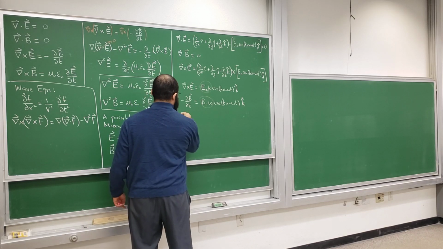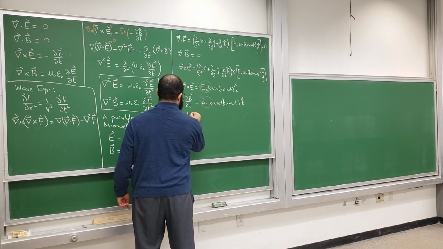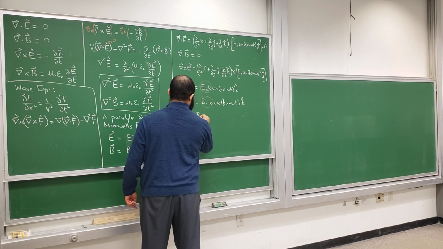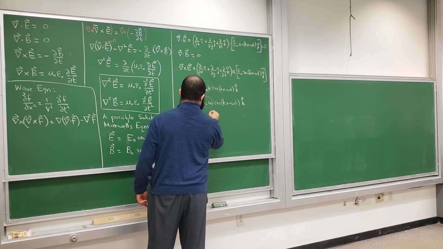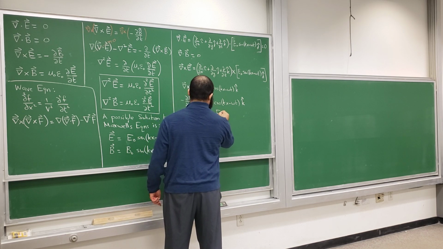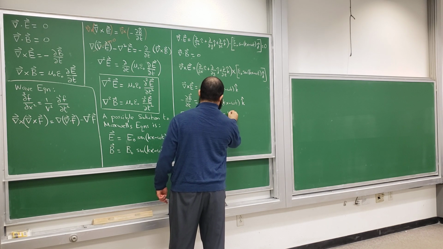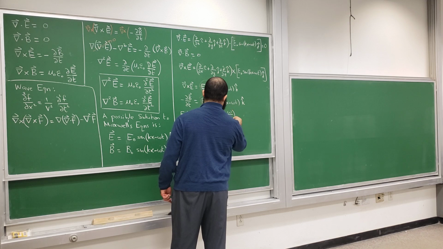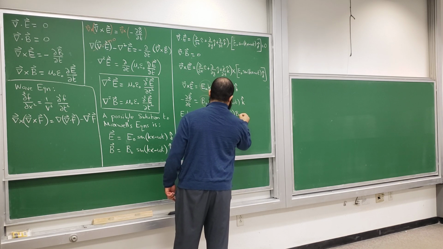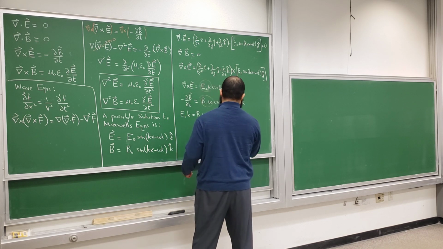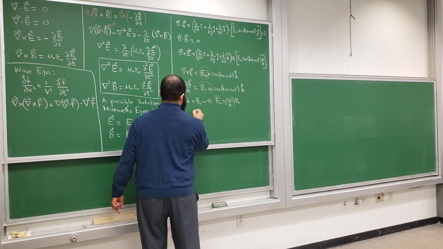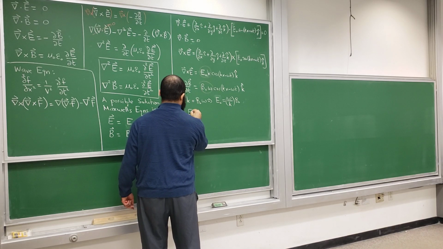So we get E naught times k equals B naught times omega, and that means E naught equals omega over k times B naught. I think we do remember what omega over k was.